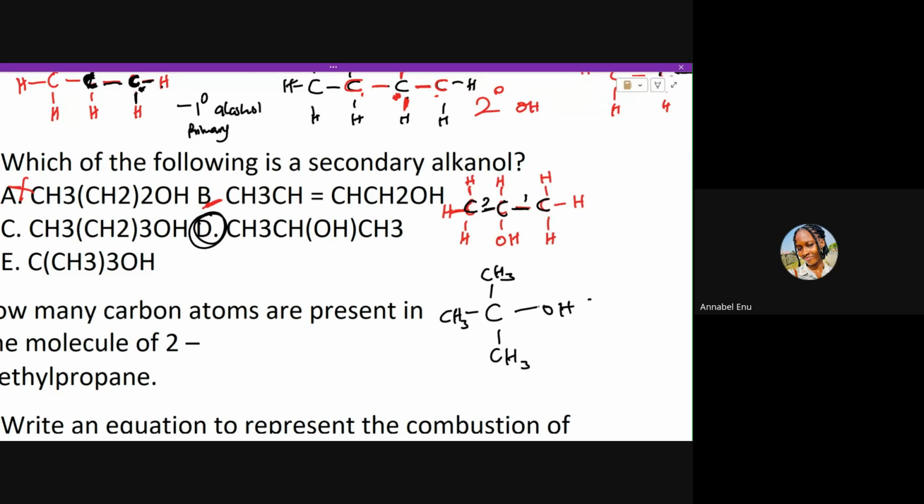Remember, we are considering the carbon carrying the OH group. So which one is this? Is it primary, secondary, or tertiary? Look at all the bonds, all the things it is attached to. How many carbons is it attached to?